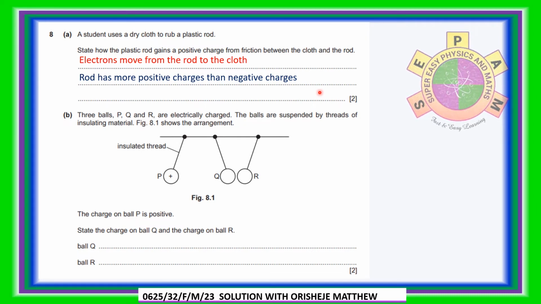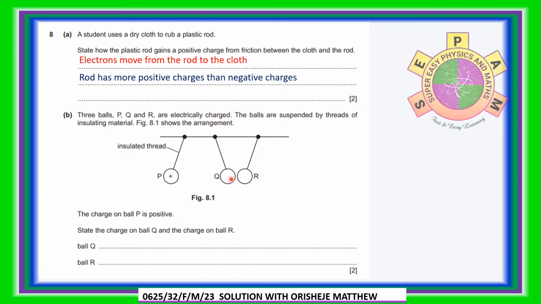Now, three balls P, Q, and R. If you see, P is repelling Q. That's to tell you, like charges repel. So if P is positive, that means Q is positive.